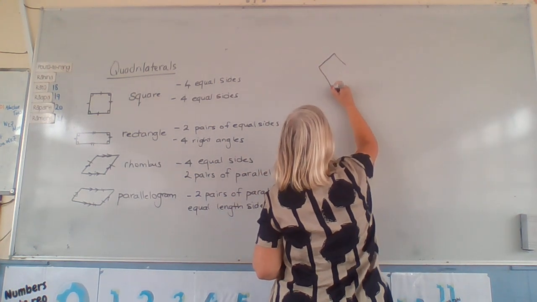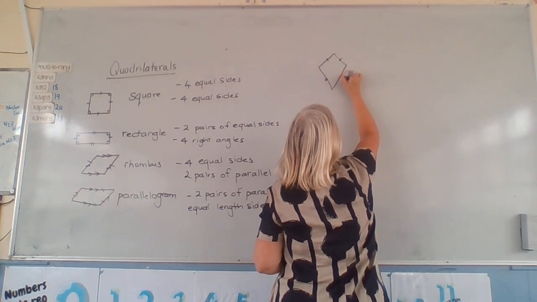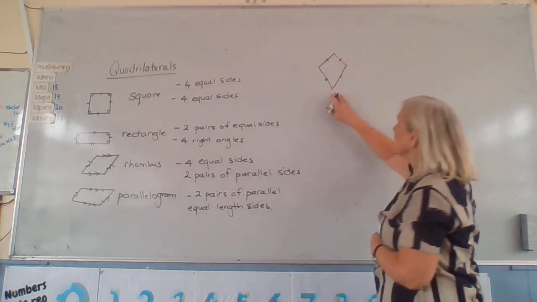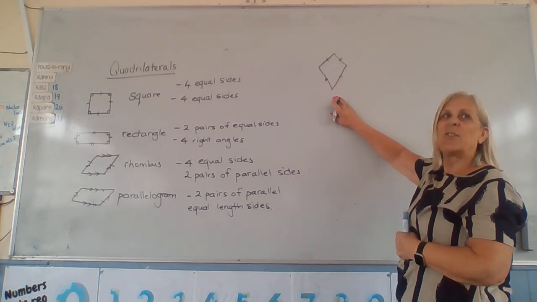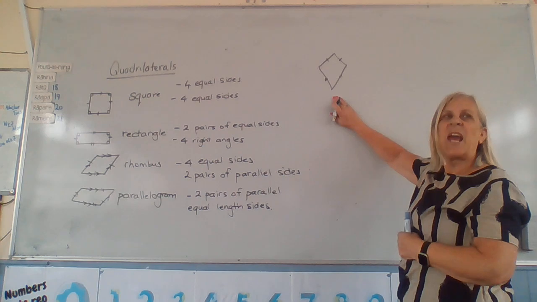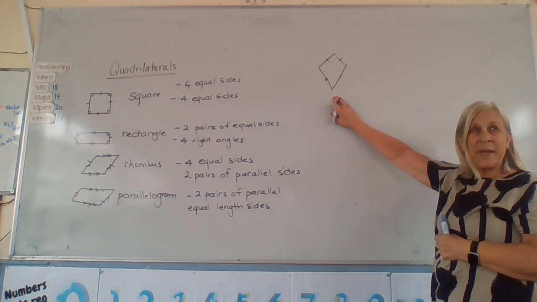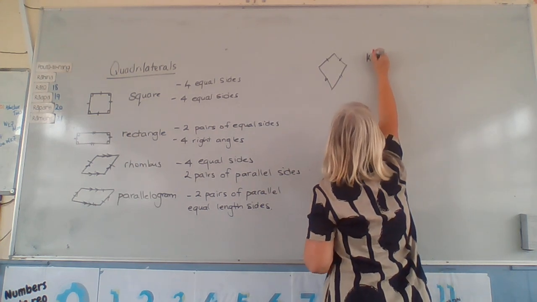That's because it looks like a kite. That's the only way it got its name. So the difference between this and a rectangle is that this one doesn't have right angles. Right? It cannot have right angles. If it had right angles, what would it be? It would be a square. Alright? So being really exact, it's kite.